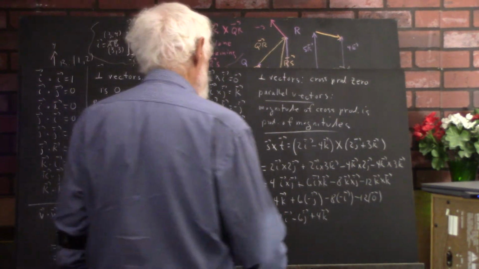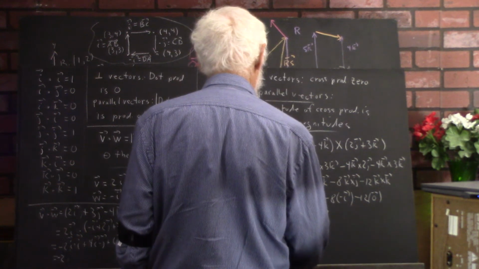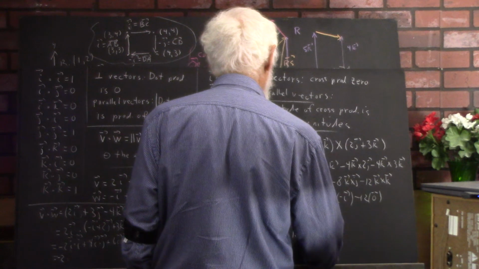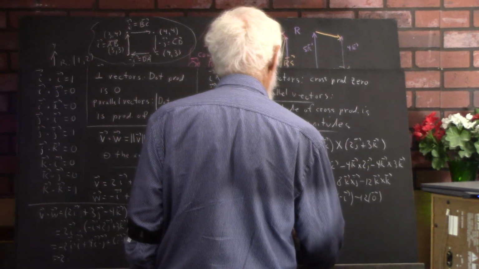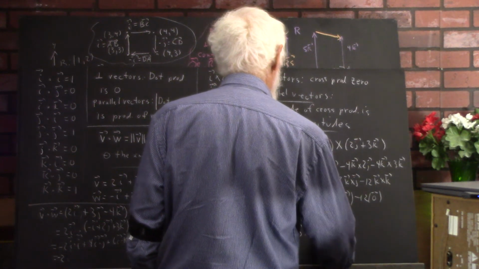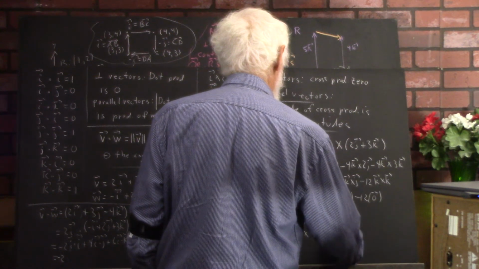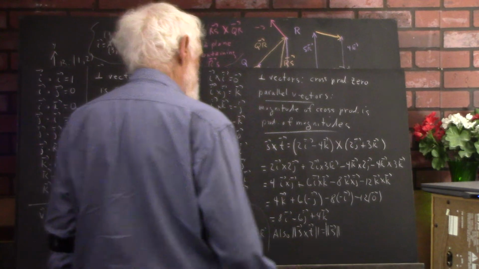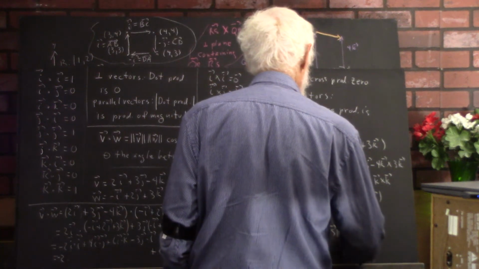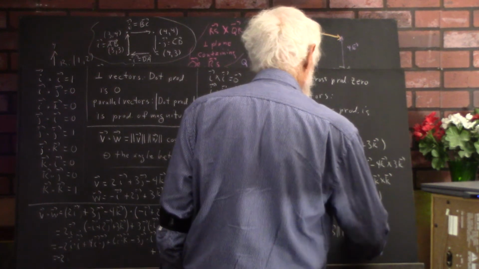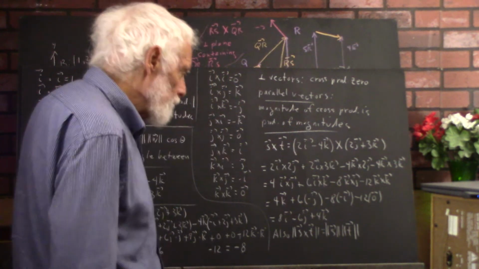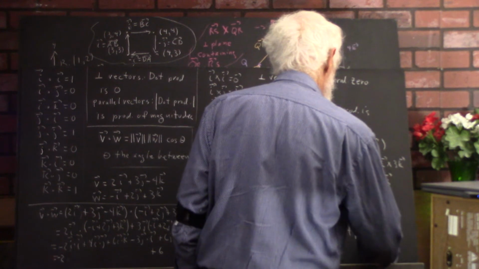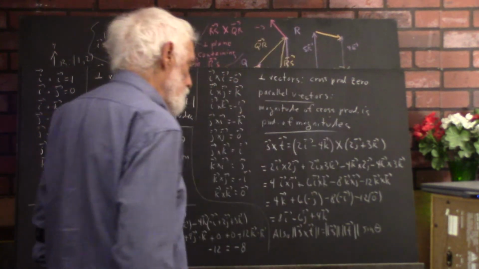Also, the magnitude of S cross T is related to the magnitude of S and the magnitude of T. They just multiply those two magnitudes, and that's multiplied by the sine of the angle between the vectors.